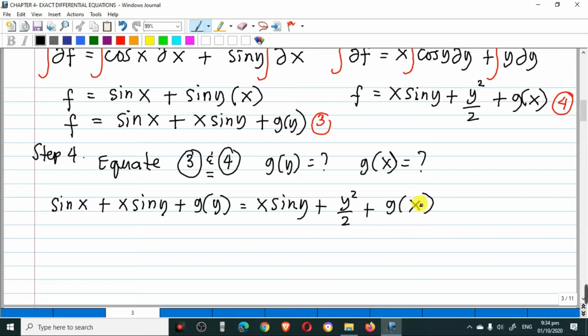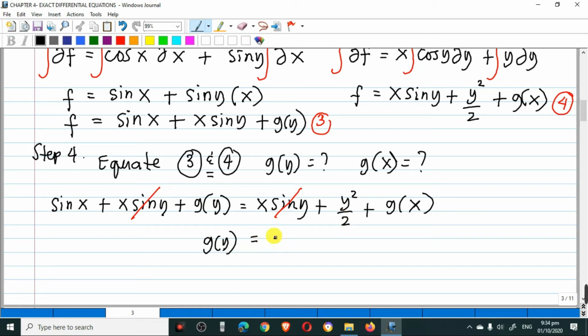So, we already equate two equations, then do the simplification of the equality of equations. So, we can find here the same term, so we can cancel out this x sine of y. Then, find the value of your gy. Yung term which is involved yung y, that is the value of your gy.